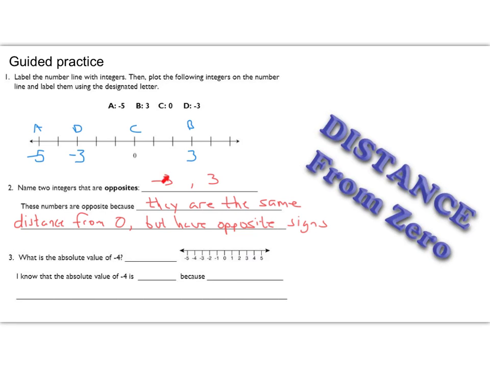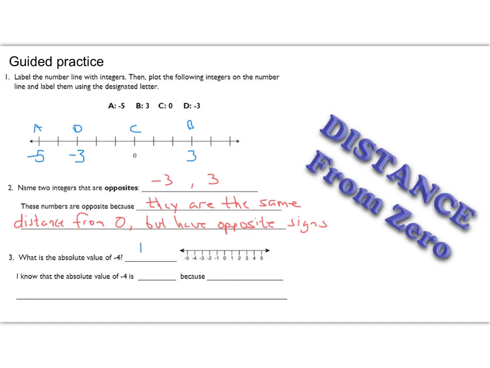So -3 and 3 are the same distance, but they have opposite signs. That makes them opposite.